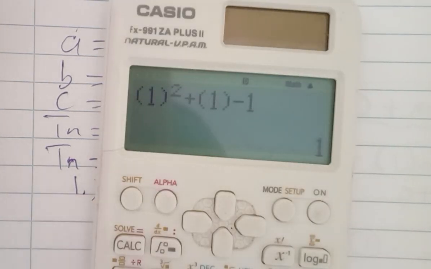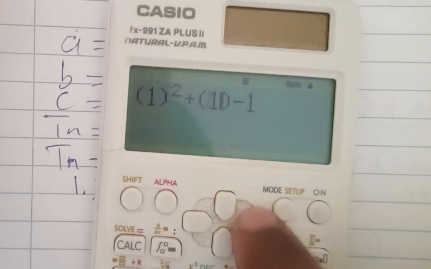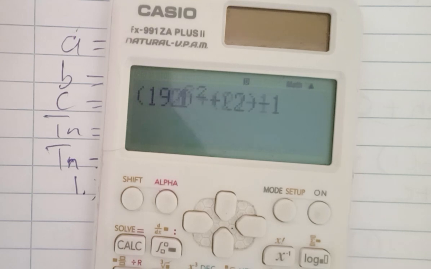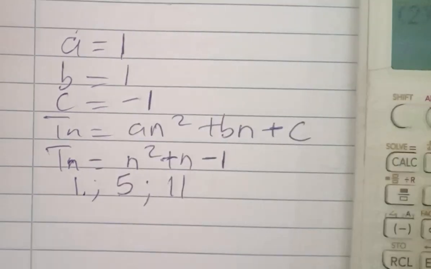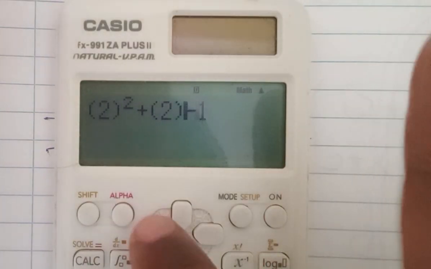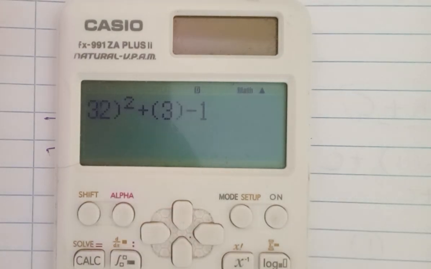So let's test with the second one. We substitute 2, you see, it's 5 and it's 5. So let's substitute 3 and see. I shall erase 2 and substitute 3.